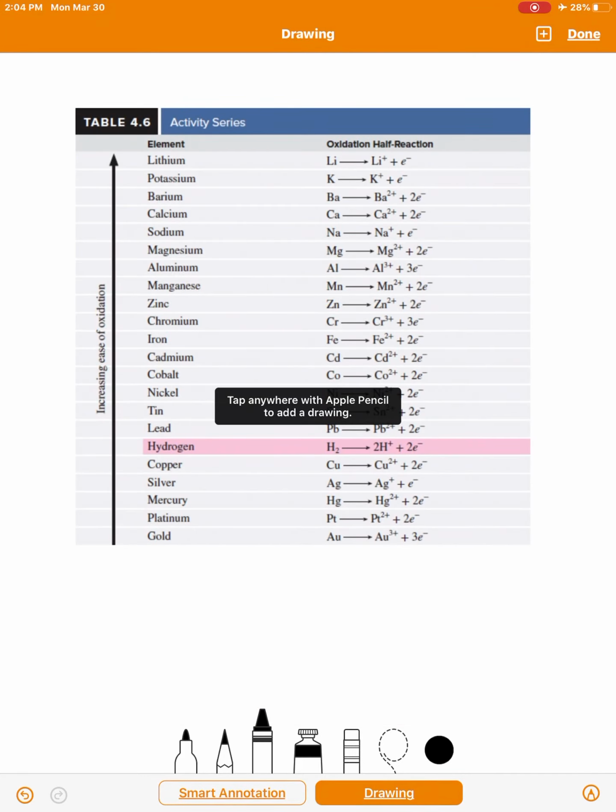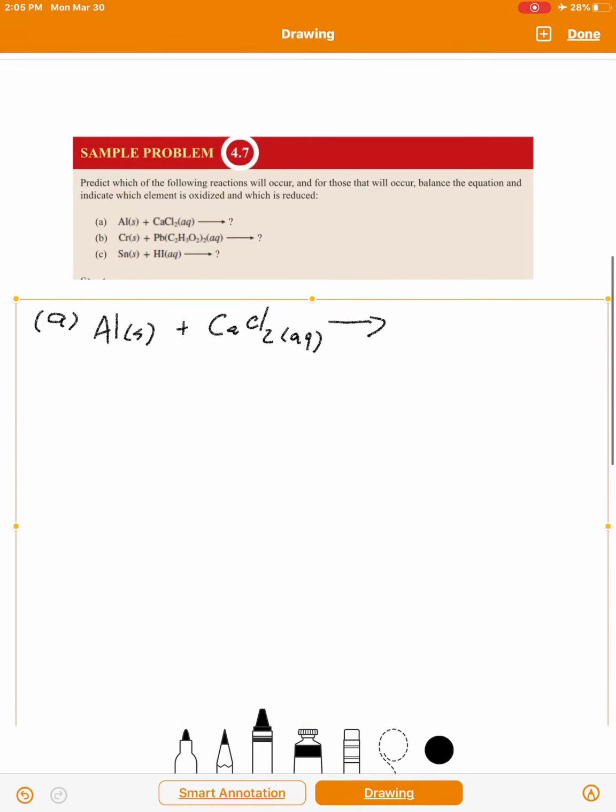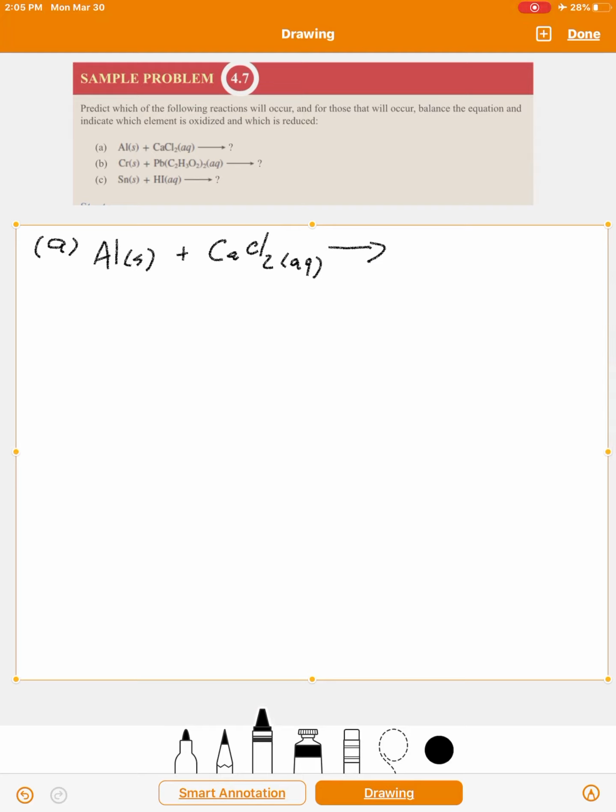And the answer is it's not. Calcium is the 4th from the top. Aluminum is the 7th from the top. So aluminum cannot get oxidized by calcium. So no reaction. RXN, we'll use that as an abbreviation for reaction. No reaction there, okay? So let's try B.